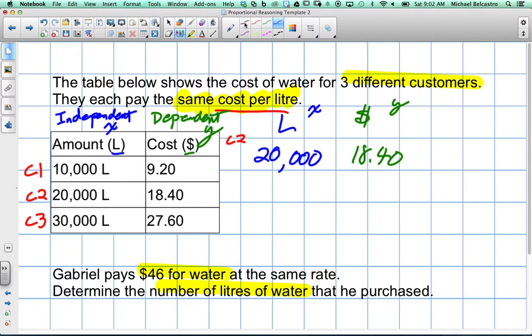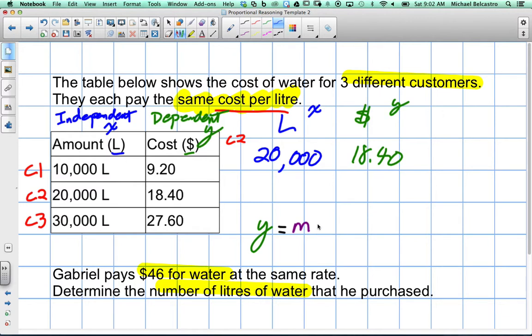So we have a directly proportional relationship, which means if we're going to build an equation, it's going to look like this: y is equal to m, which is our rate, times x. Okay, and actually we'll color these to help us out. So we know our dollar value is our y, and we know that our liters are our x.